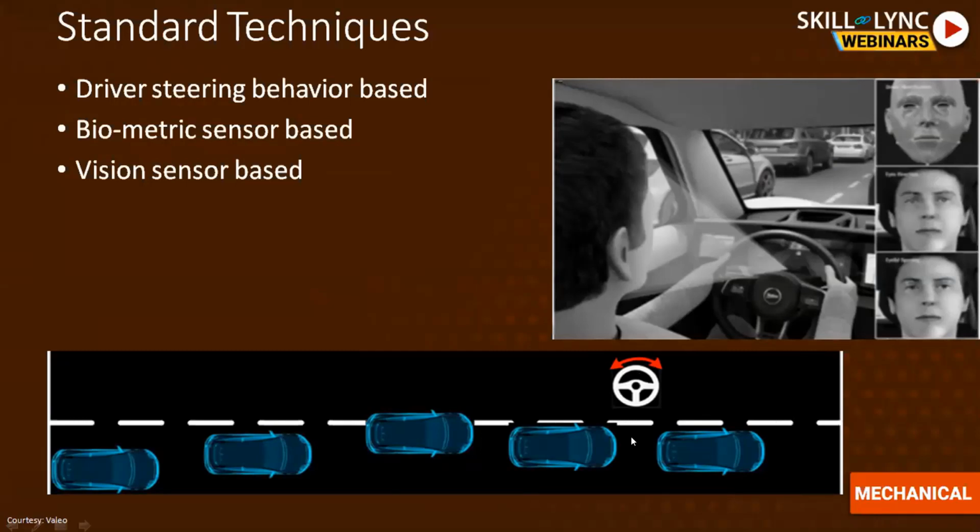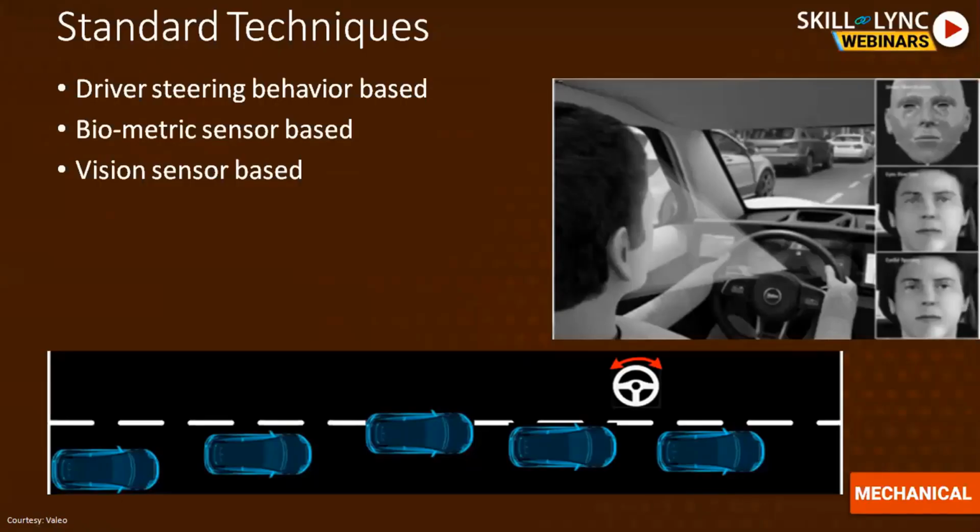And you can see that we can read the steering wheel information, steering velocity, and a whole bunch of other information from the steering wheel itself to understand how the driver is reacting to certain conditions. This is the most prominent technique that we have in the industry. More than 70 to 80% of OEMs use this technique today.